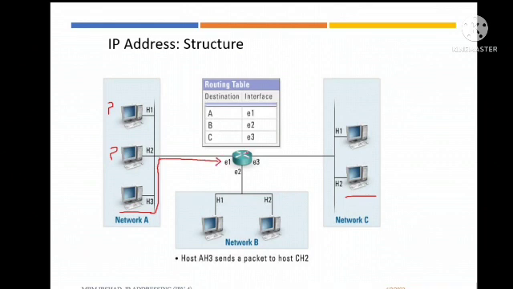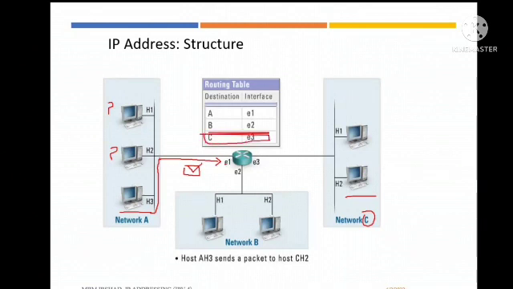The router will check the routing table. When a data packet comes, the router will check the destination address, source address, and other details, and decide that this packet should go here and this packet should go there. The router knows the information. All right, I have information about the packet for network C, so this should go to this place.